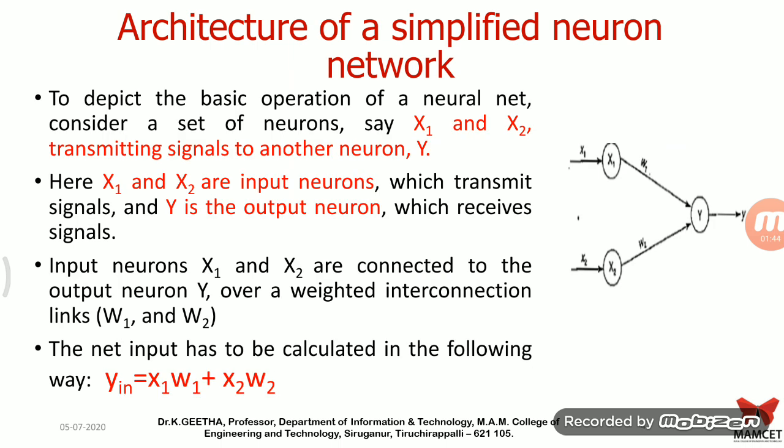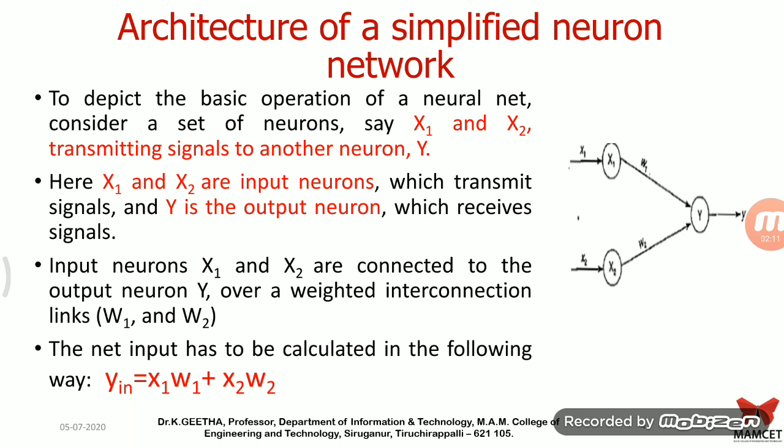To depict the basic operation of a neural net, consider a set of neurons, say x1 and x2, transmitting signals to another neuron y. Here x1 and x2 are input neurons which transmit signals, and y is the output neuron which receives the signal. The input neurons x1 and x2 are connected to the output neuron y over weighted interconnection links w1 and w2.